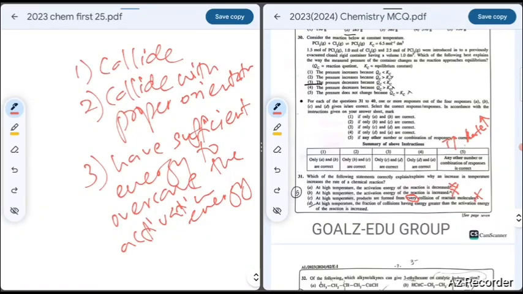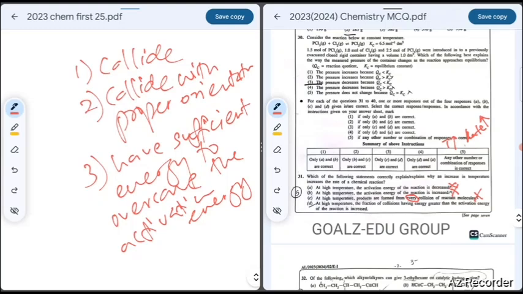Every collision can't give products, because if the collision doesn't happen in a proper orientation, then we can't form products. Then, at high temperature, the fraction of collisions having energy greater than the activation energy of the reaction is increased.